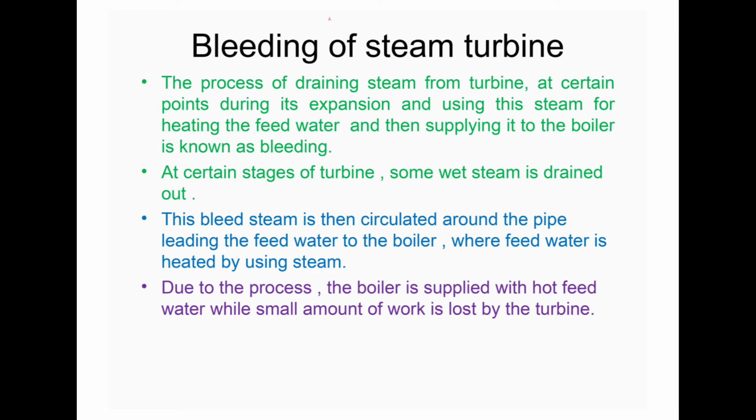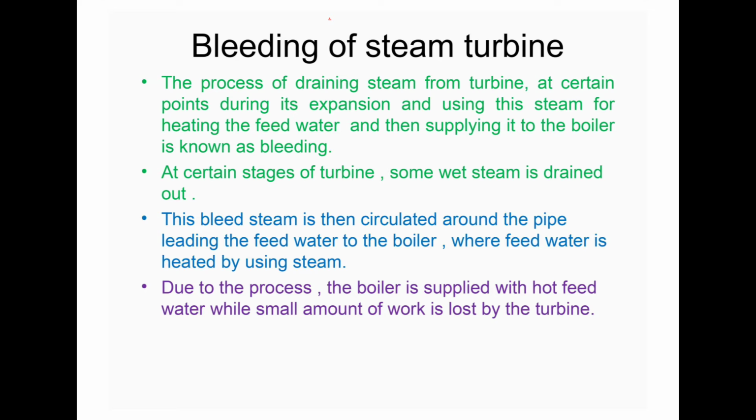And bleeding of steam turbine. The process of draining steam from the turbine at certain points during its expansion and using this steam for heating the feed water and then supplying it to the boiler is known as bleeding. At certain stages of the turbine, some wet steam is drained out.